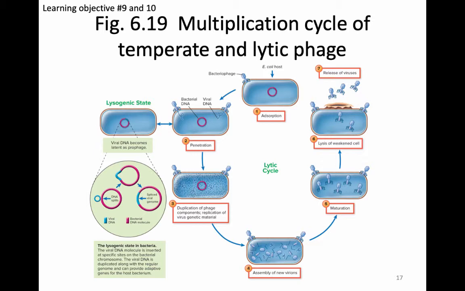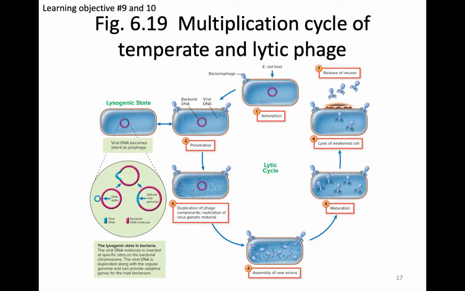Temperate phage are phage that are capable of exiting the lytic cycle to enter something called the lysogenic state. So a temperate phage will adsorb to the surface of its host cell, inject its viral DNA into the host cell cytoplasm in penetration, and then at this point can exit the lytic cycle and enter the lysogenic state, where the viral DNA becomes a prophage that is inserted into the bacterial DNA.